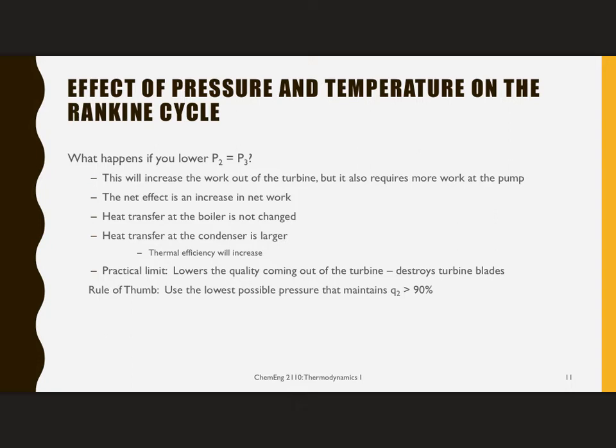So therefore, we want to always make sure that we have a quality coming out of the turbine that is a minimum of 90% for our ideal Rankine cycle. Now we'll come back and look at this a little bit more later. But basically, we want to always choose a pressure that's going to keep Q2, the quality at state 2, greater than 90%. Okay? So you can go down that low, but you can't go down indefinitely low.